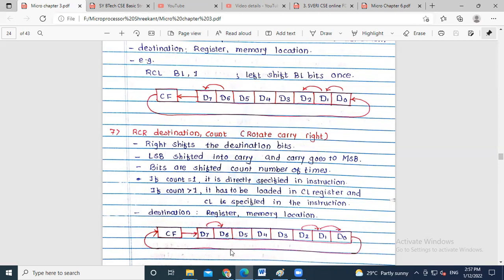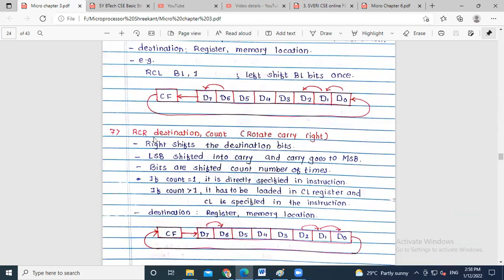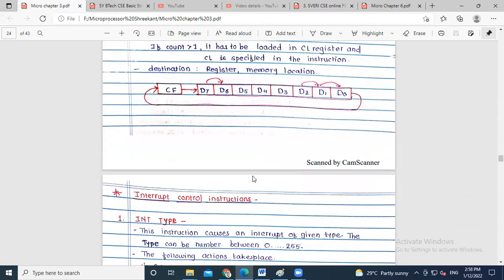It is the opposite of RCL. In RCL, rotate with carry to the left, but here rotate with carry to the right, so least significant to most significant rotation happens.